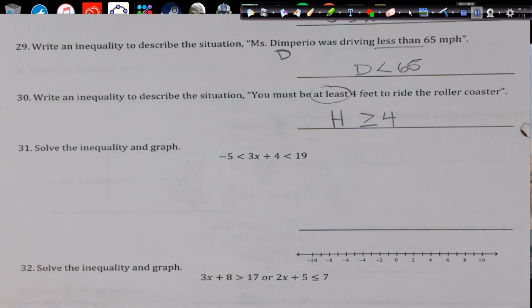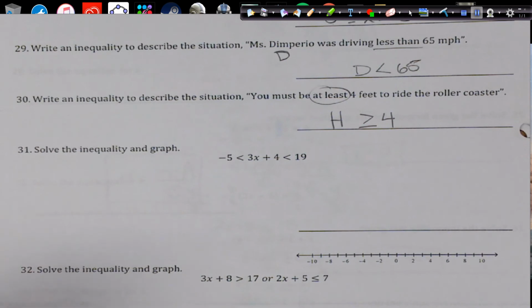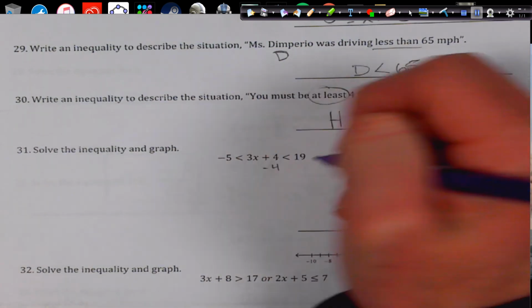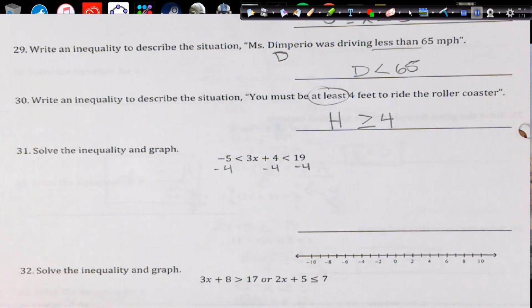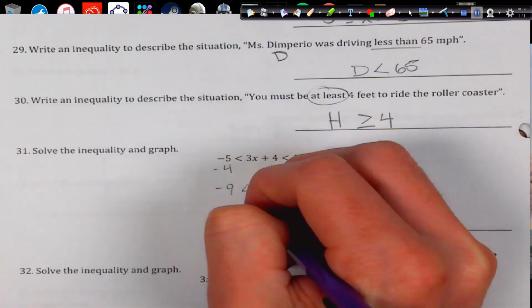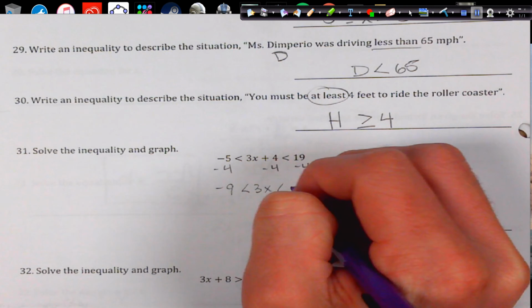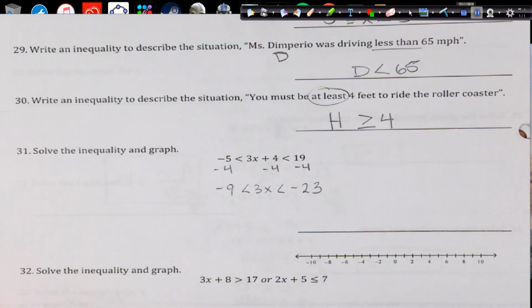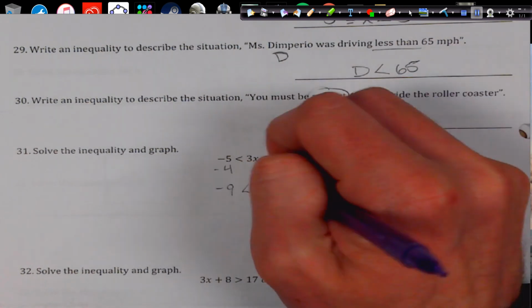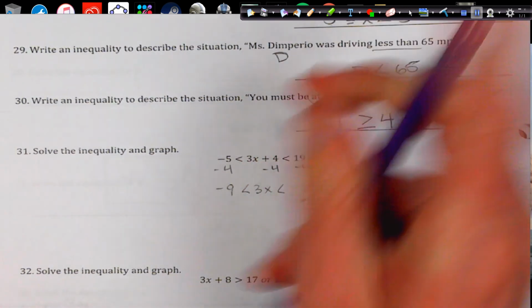All right? So here we have a compound inequality. Whatever I do to one side, do to the other side, that's still the same case here. Subtract 4, but whatever I do to one side, I have to do to now 2 sides, because there's 2 sides to my inequality. This becomes negative 9 less than 3x, and that's going to become negative 23. I'm sorry, 19 is a positive number. That's 15.